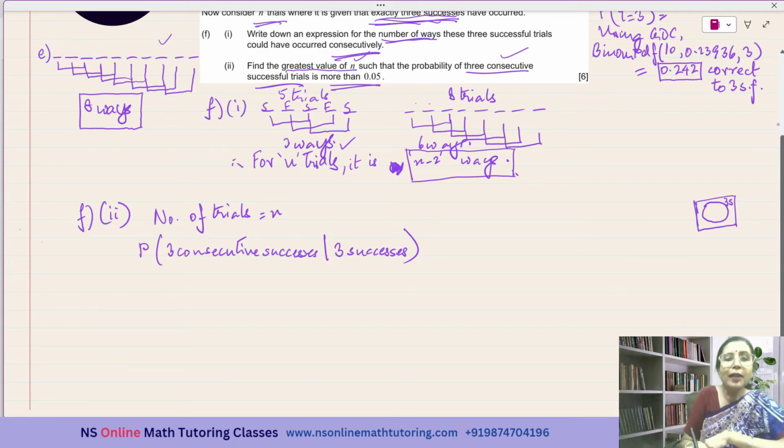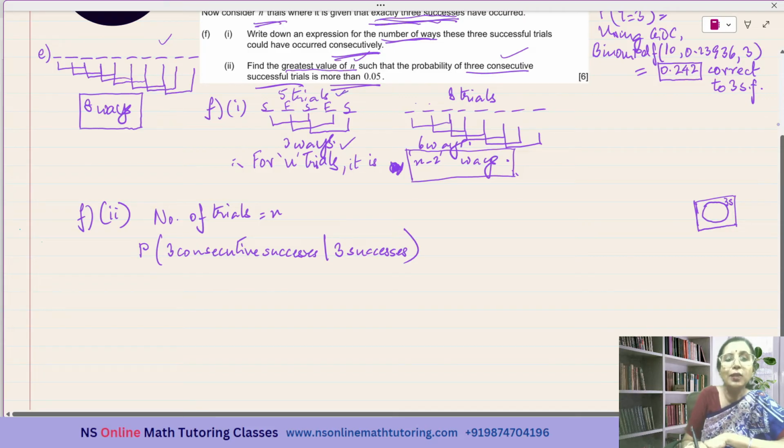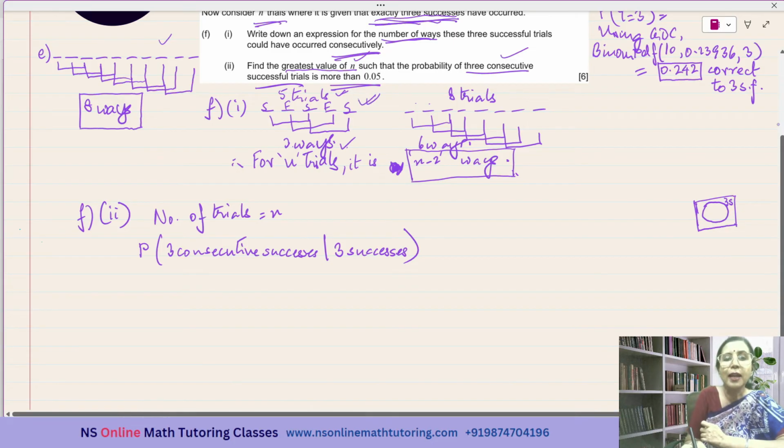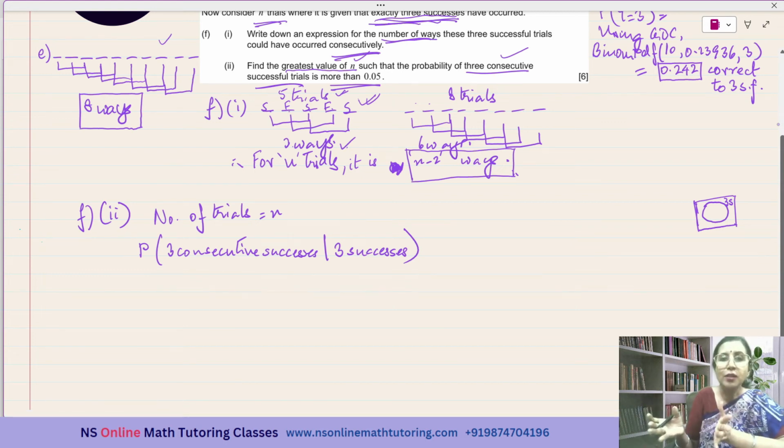And we have seen that in the case of 5 trials, if we consider 3 consecutive successes, there are only 3 ways. But if we take 3 successes, consecutive or non-consecutive, doesn't matter, we are having more number of ways because this is one of the ways that I have written. Okay, I could have taken S, S, F, and then F, and then S. That is also another way of getting 3 successes, but not 3 consecutive successes.